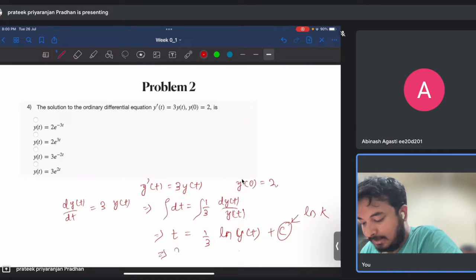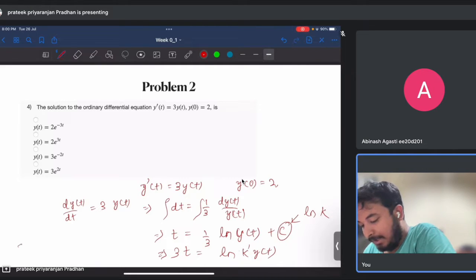So we can write 3t is equal to ln k dash of y of t. So y of t is equal to e to the power 3t into 1 divided by k dash.